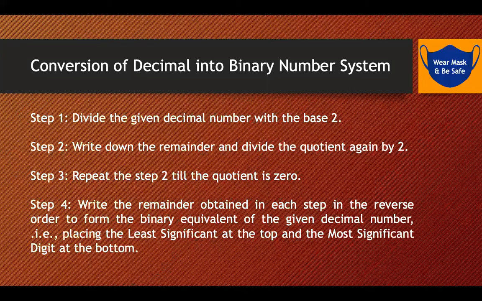Then write the remainders obtained in each step in reverse order to form the binary equivalent of the given decimal, placing the least significant digit at the top and the most significant digit at the bottom. Understood everyone? Now we'll see an example.